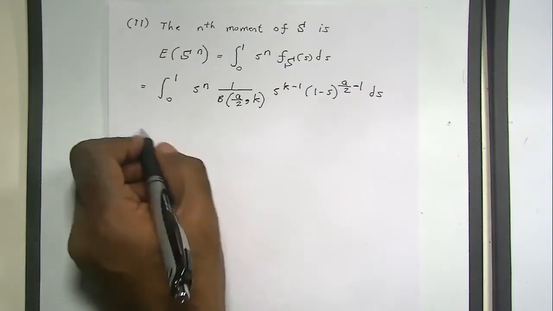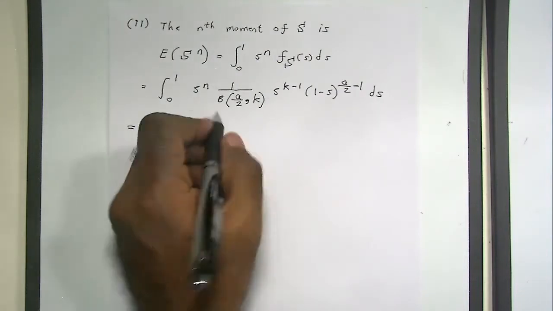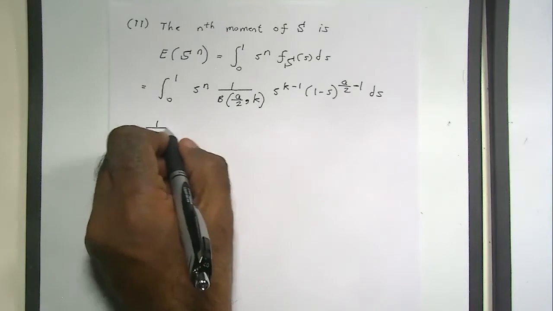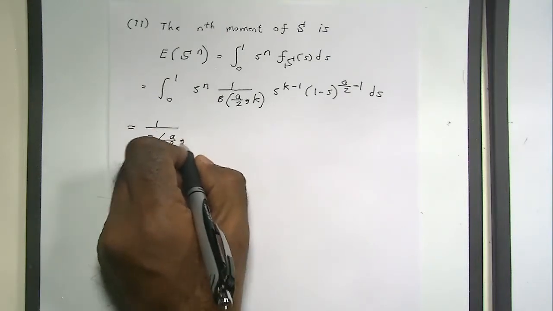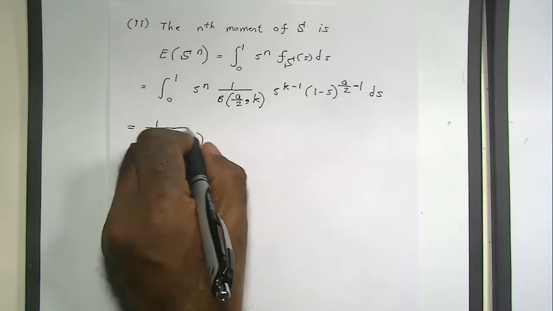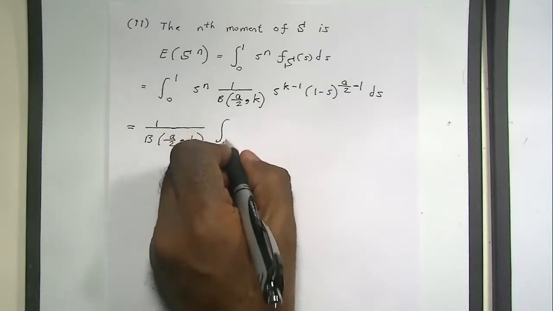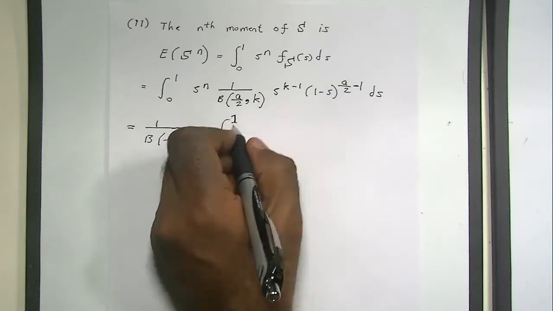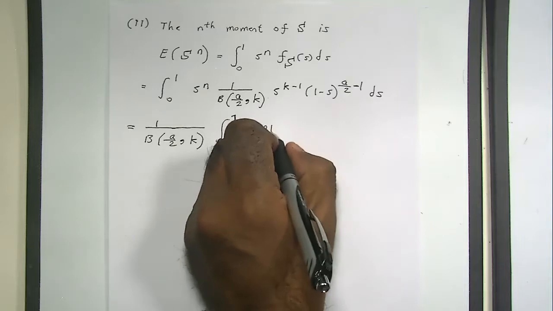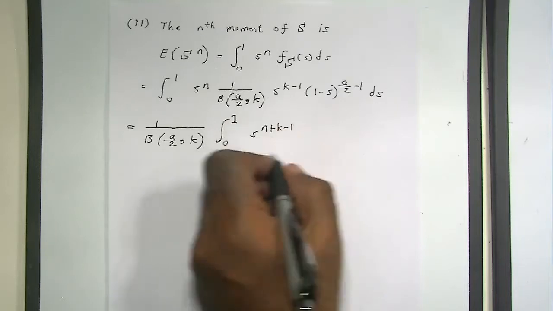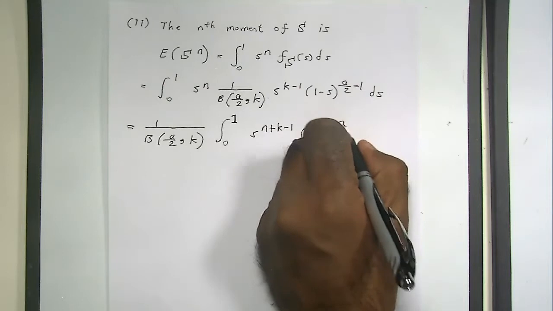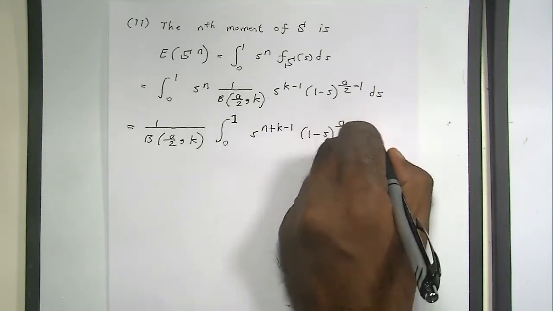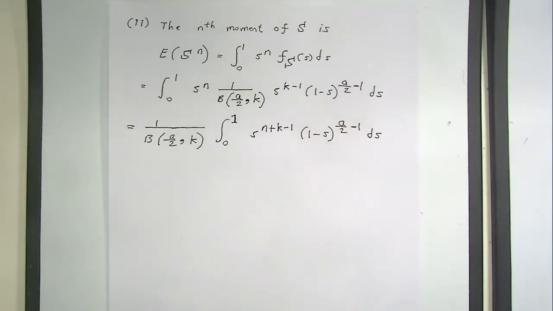Now, if you take the beta function outside, this is what you get.